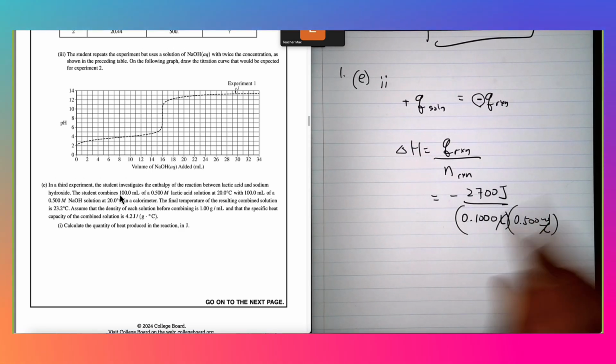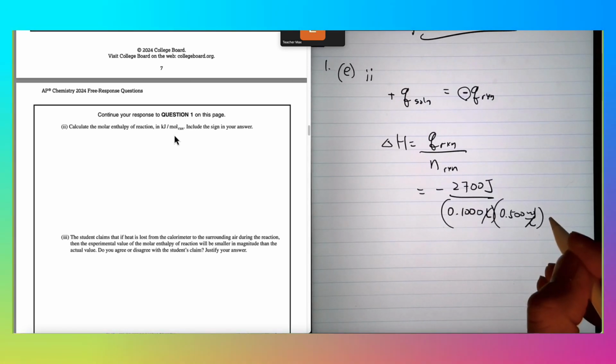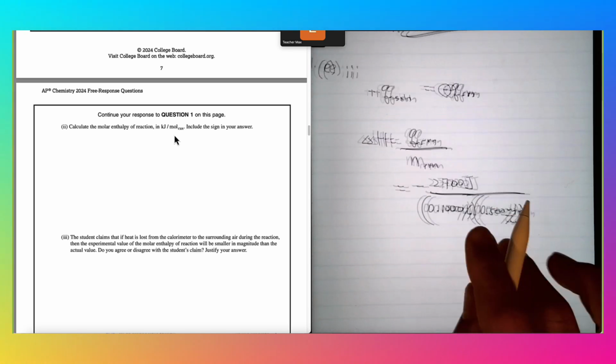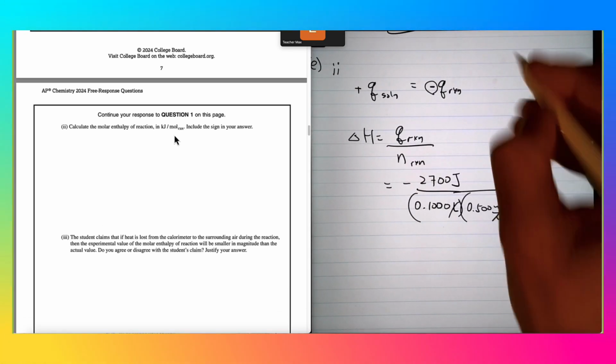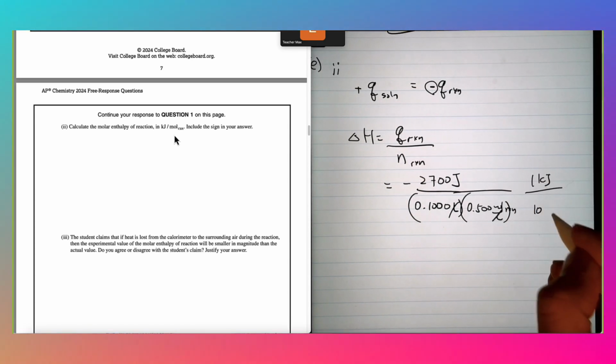And they also want us to write this in kilojoules. So this is moles of reaction, and we have to multiply by 1 kilojoule on the top and 1000 joules on the bottom and cancel out the joules.